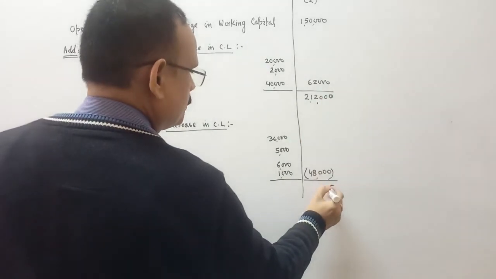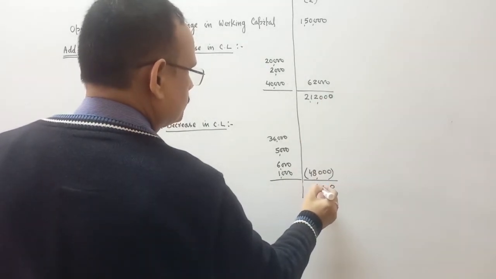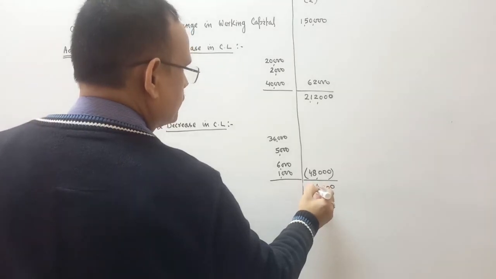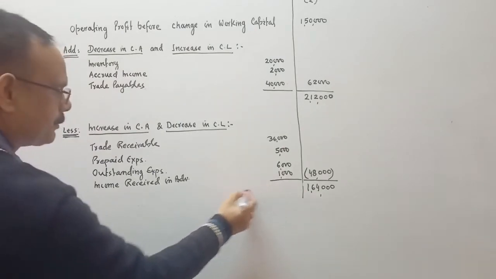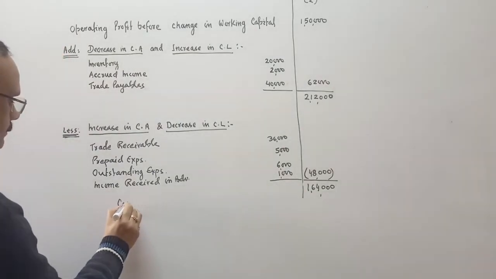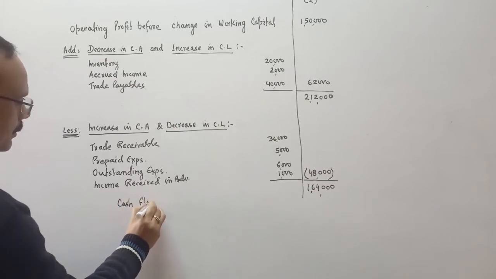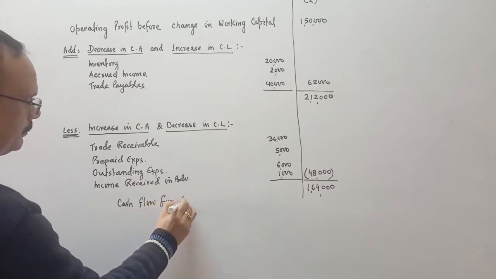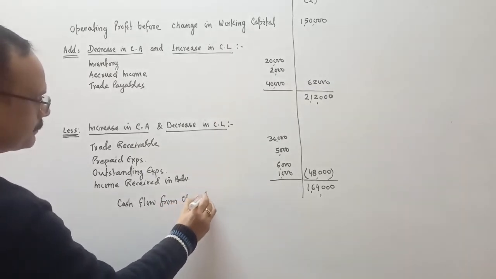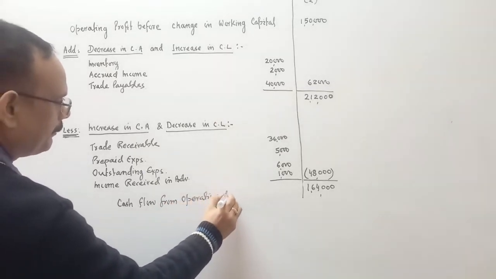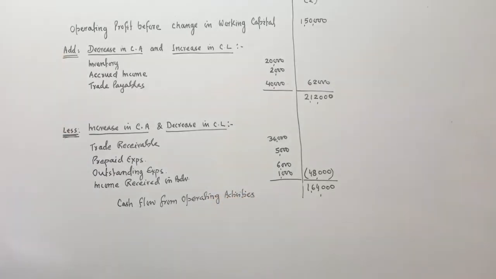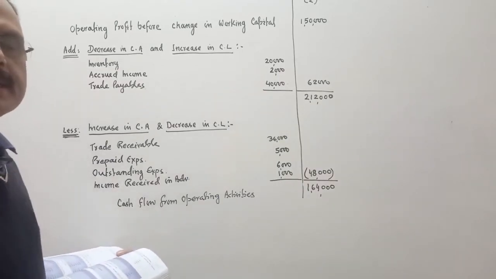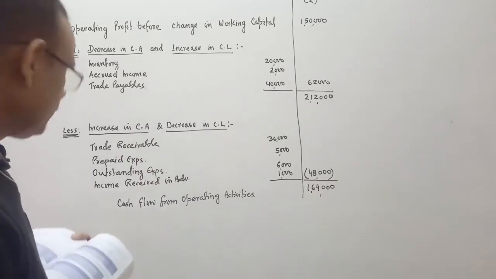So this is 1,64,000, which is your cash flow from operating activities.